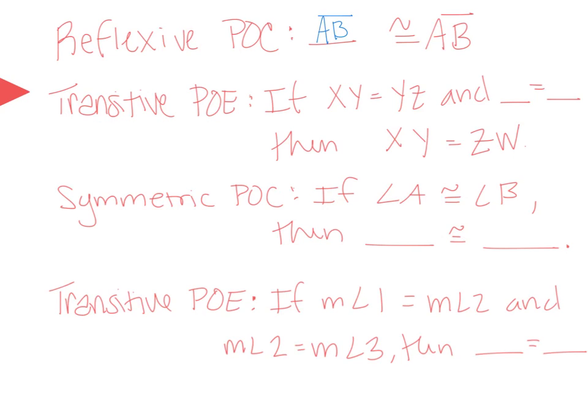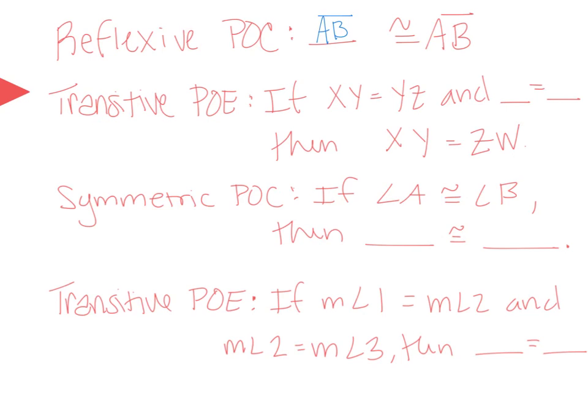So transitive, remember, is three different segments or angles. And it's a POE, so we're talking equal signs. Now if XY equals YZ and blank equals blank, then XY equals ZW.